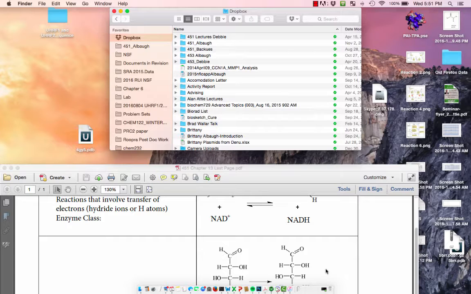So it's going to attach a phosphate to this alcohol group to make fructose 1,6-bisphosphate. The bis means there are 2 phosphates there. And then also ADP.